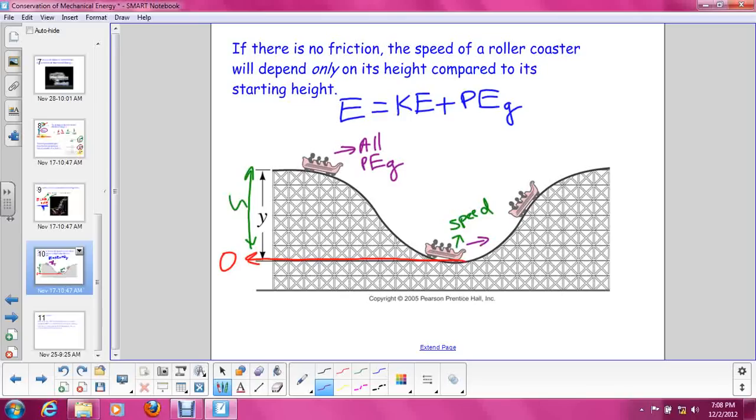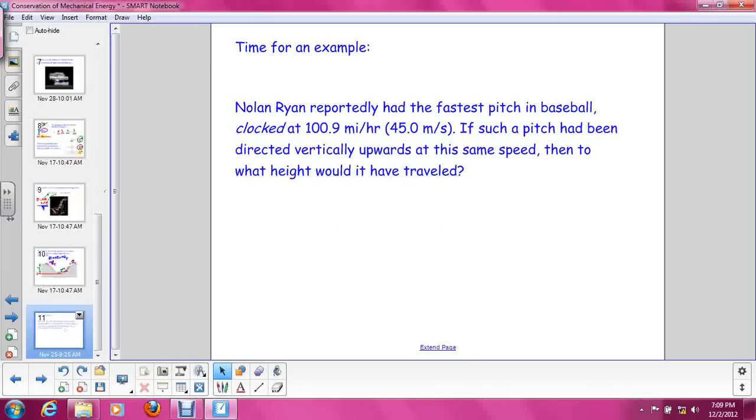It is 0 height, 0 meters above our starting point. So there is no gravitational potential. So it must be all kinetic energy at this point. And then at this point, it's some mix. It has kinetic energy as it's moving up the hill and gravitational potential as it's being raised above our 0 mark. So let's do an example.